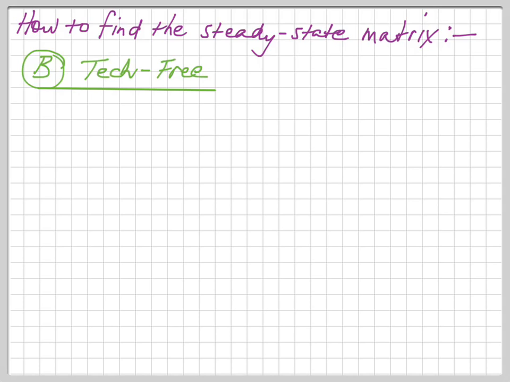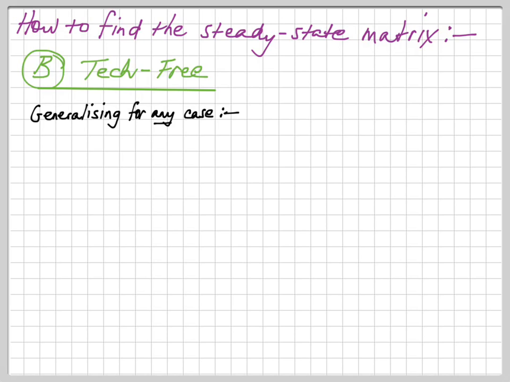Now, okay, this is how to find the steady state matrix with the TechFree again. Now, this is the quick and dirty 1 mark question way of doing it. When I show you this, you're going to love this. It's really, really nice, okay? So we're going to use that same technique that we just used on the previous screen where we had Tx equals x, but we're going to generalise it now.